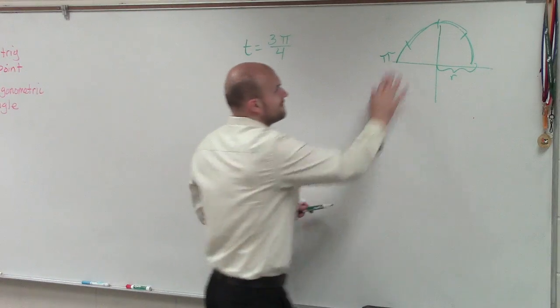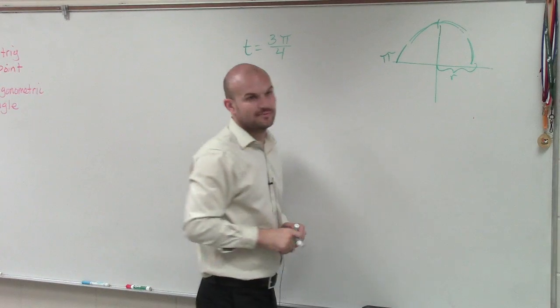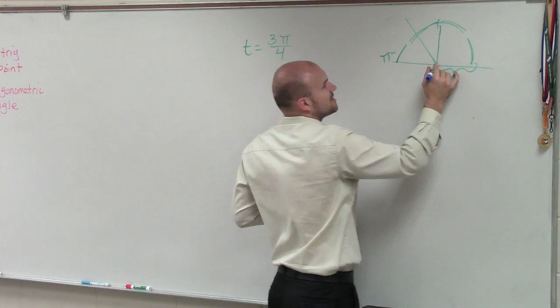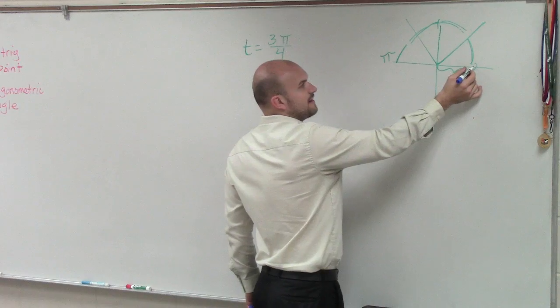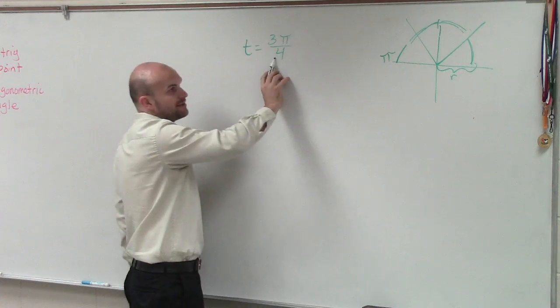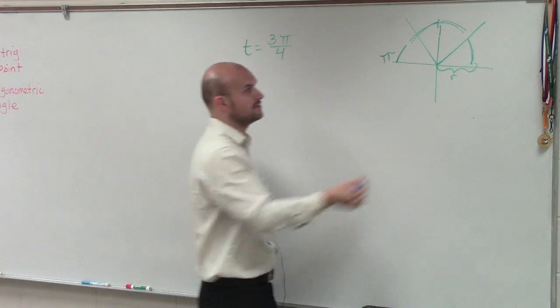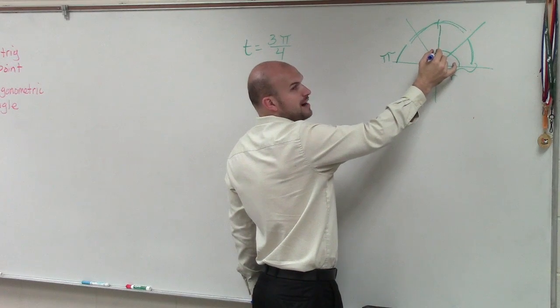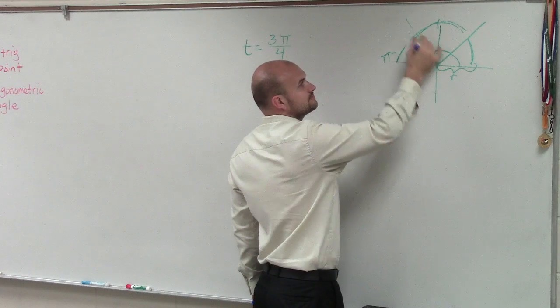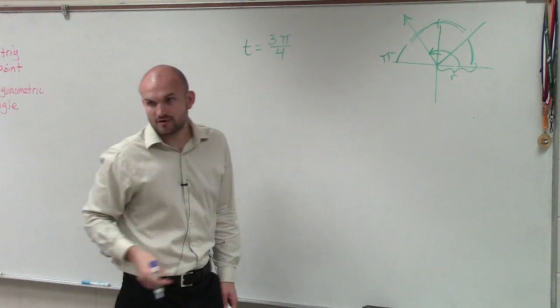Since that's going to be in pi, I need to break this up into fourths, so I take my denominator and break my half circle into that. So this is 1 pi over 4, 2 pi over 4, 3 pi over 4. That's my angle right there.